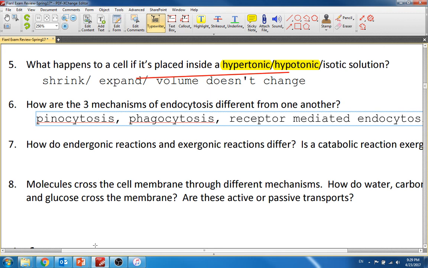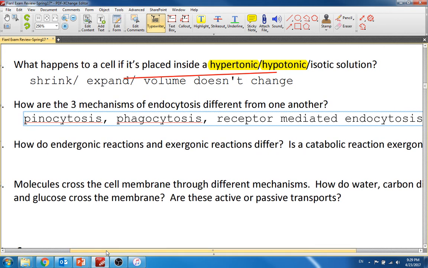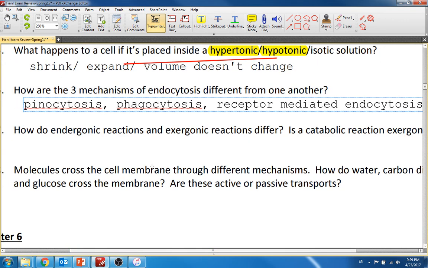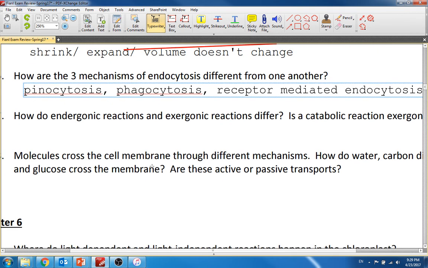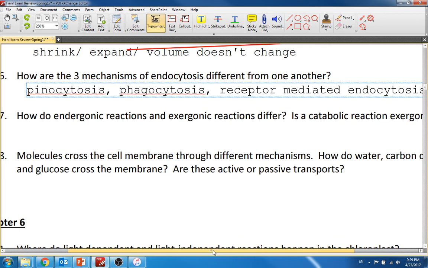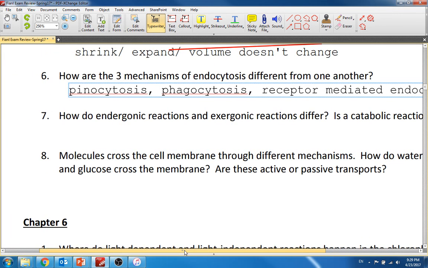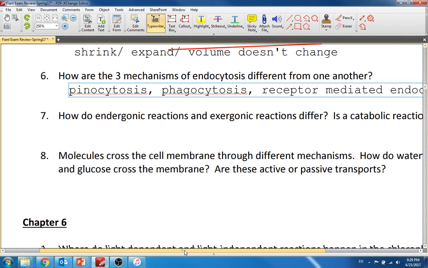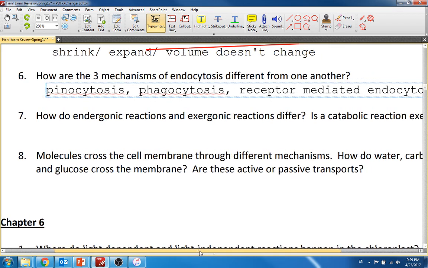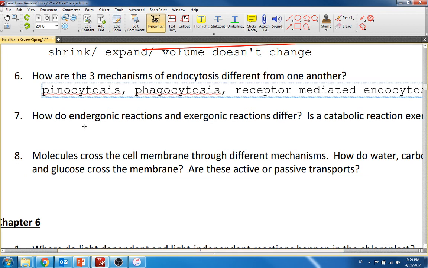And then receptor-mediated endocytosis refers to specific substances that can be recognized by the receptors on the surface of the host. So basically, it's specialized substances brought into the cells.